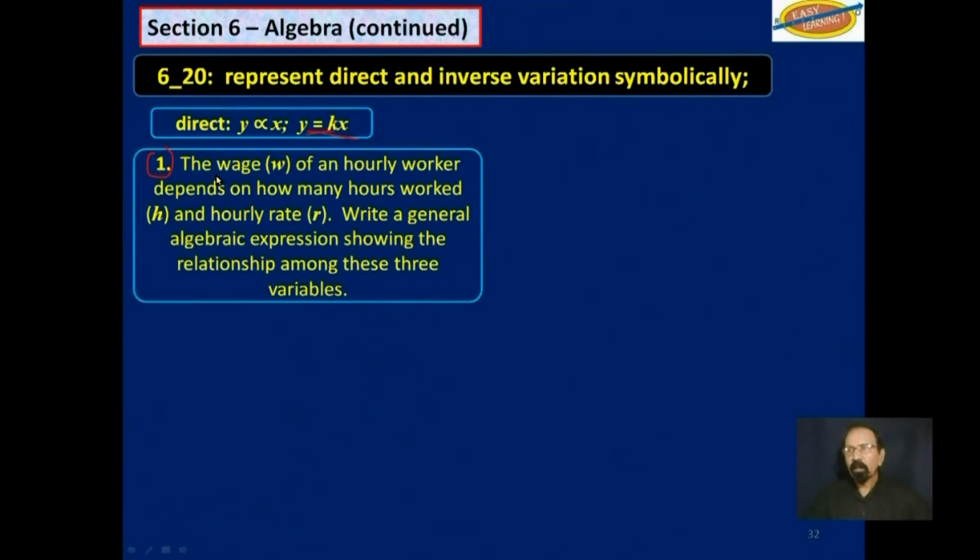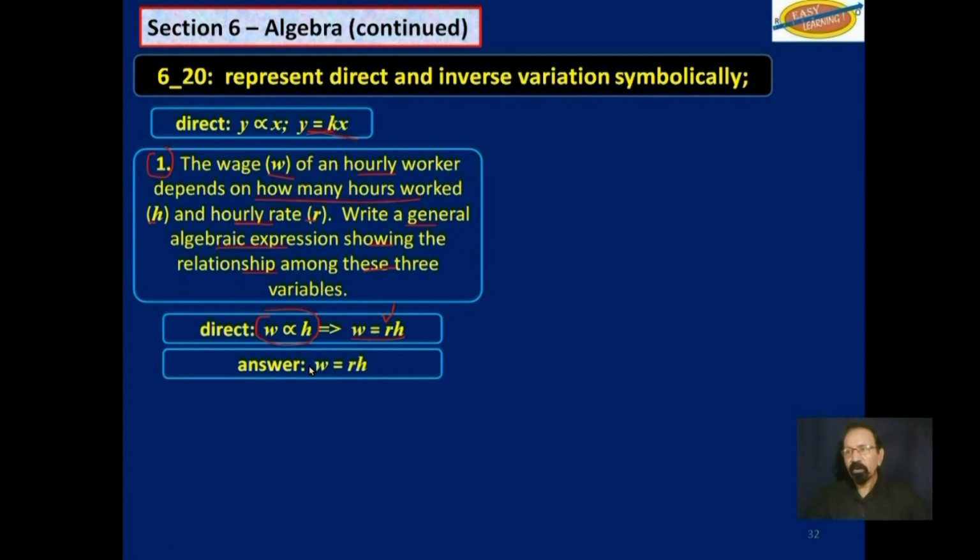Question 1. The wage W of an hourly worker depends on how many hours worked, H, and the hourly rate, R. Write a general algebraic expression showing the relationship among these three. Wages would be directly proportional to hours worked, or wages is equal to hours worked times the rate.